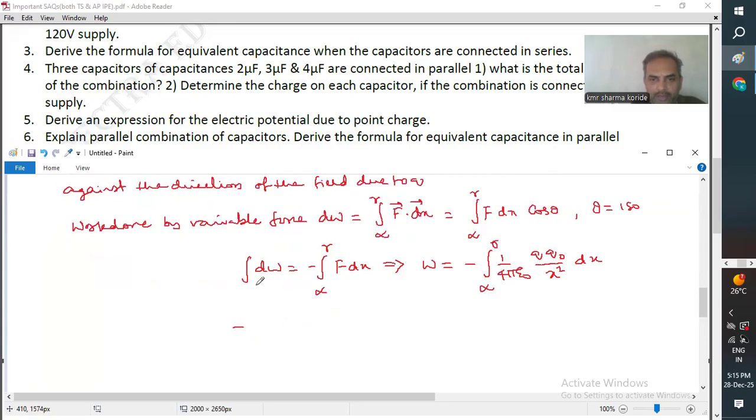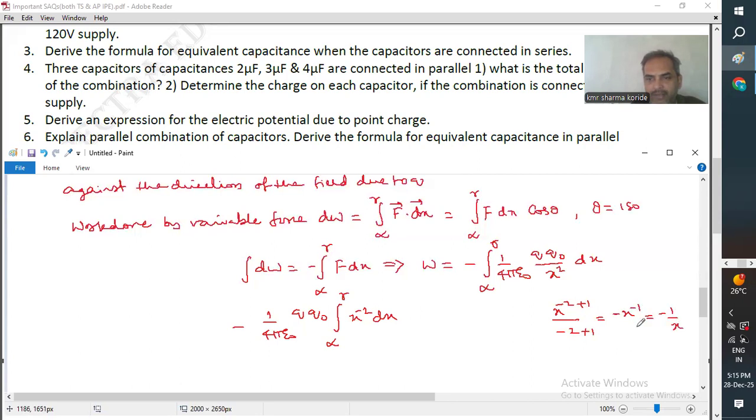So it is minus 1 by 4 pi epsilon naught q q naught, x to the power of -2 dx from infinity to r. So x to the power of -2 plus 1 by -2 plus 1. This is the rule of integration, x to the power n plus 1 by n plus 1.